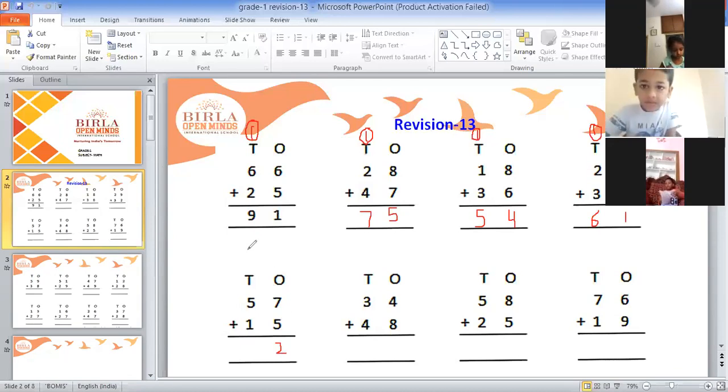So we will write this 2 and 1 will go as carry over in tens place. Okay. Now tell me, Sai Ritvik, in tens place, how many numbers are there? 3 numbers. Very good. Tell me 5 plus 1, how much?